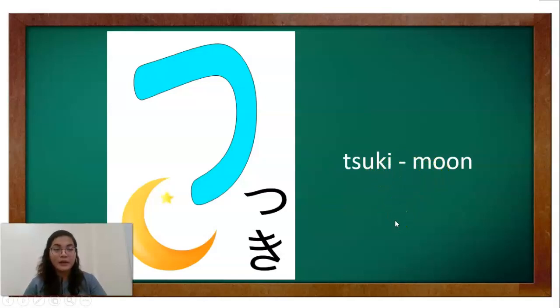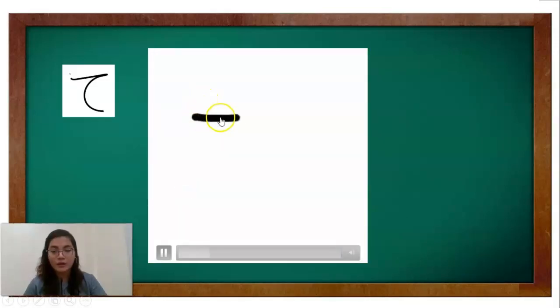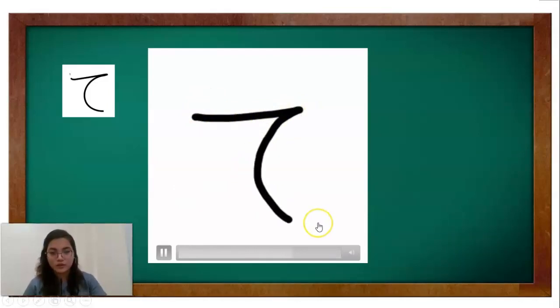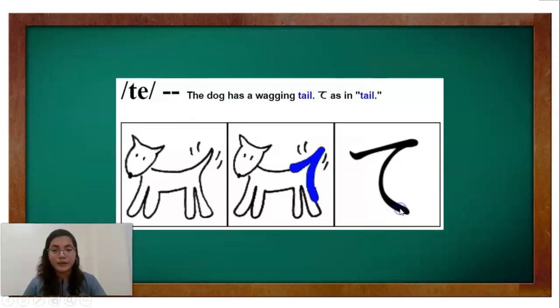Okay, next up in this row is te. Te also has 1 stroke. 1. Okay, let's try it one more time. Okay, and to easily remember this one, te as in tail.